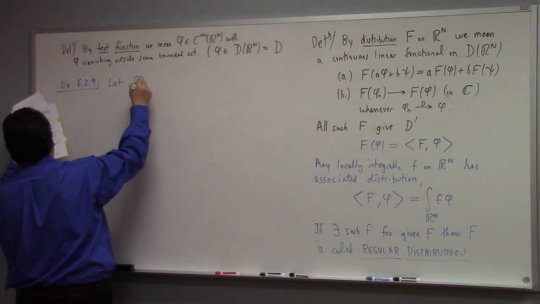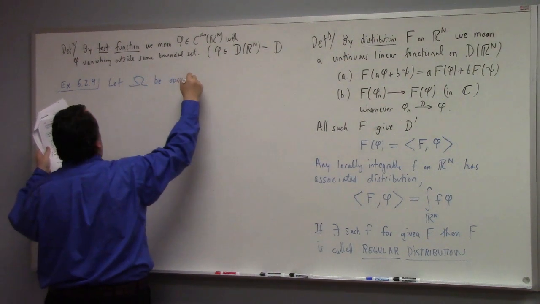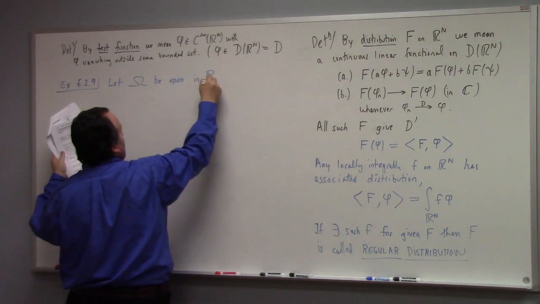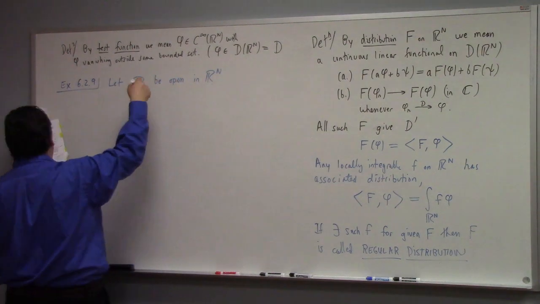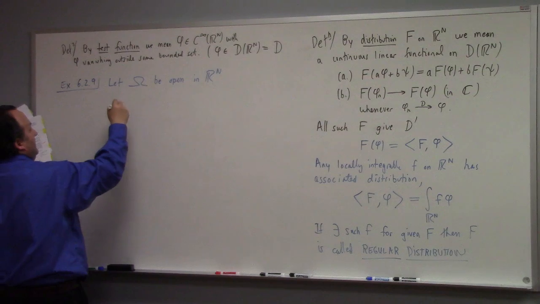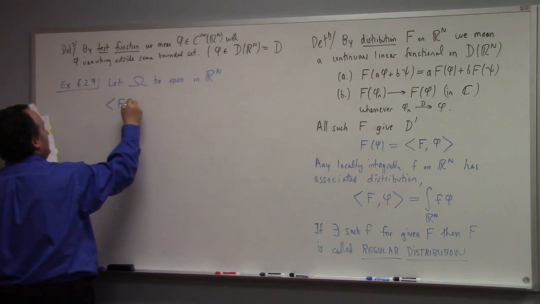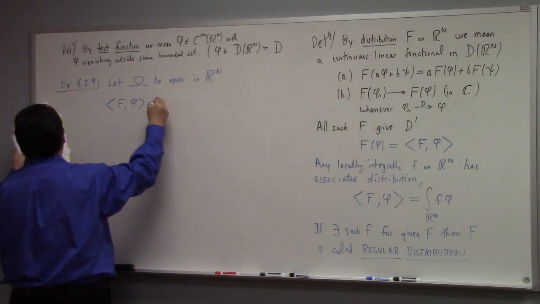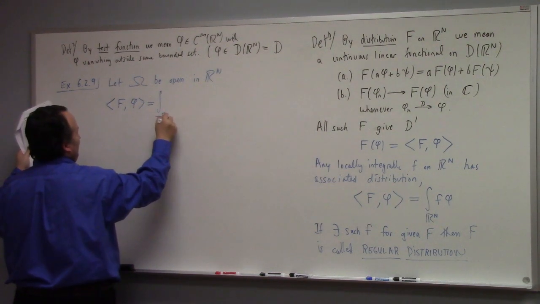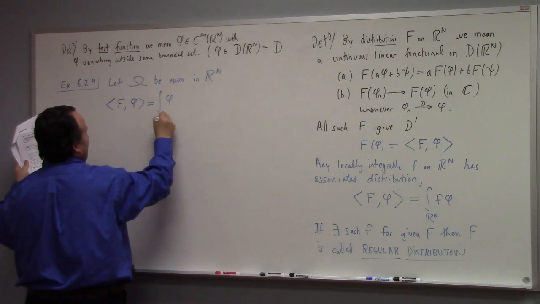Let omega be open in Rn. Now he says that you could just use a measurable set if you wanted. Then the functional defined by F of phi equals the integral over omega of phi, all right? You remember what that meant, right?